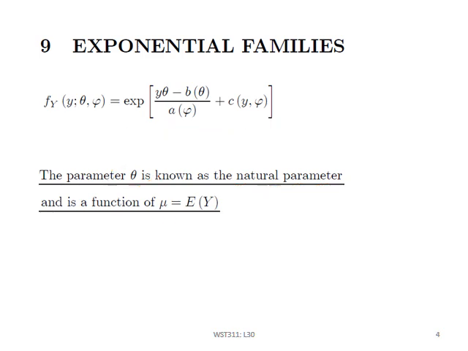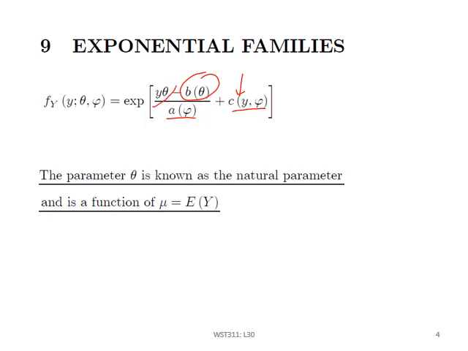The parameter psi is the scale parameter. So we see here we have a function a of the scale parameter. We have here a function of the scale parameter and the random variable y. And here we only have a function of the parameter theta.